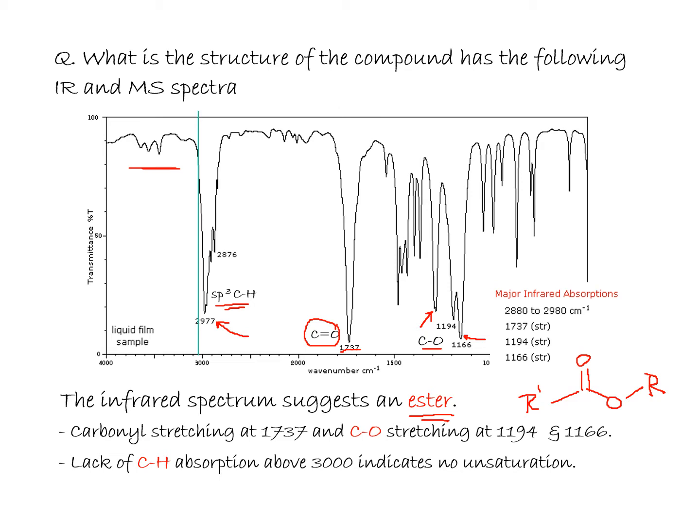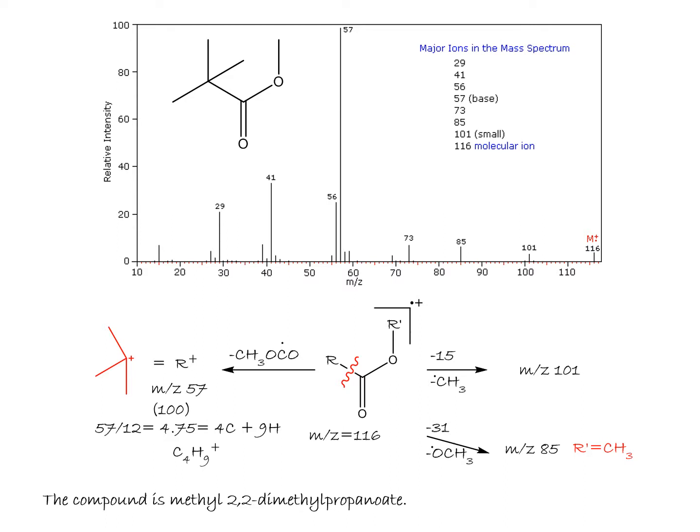So let's go to the mass spec and see what we can get out of it. From the mass spec, we have an even number for the molecular ion, so there is no odd number of nitrogen atoms.